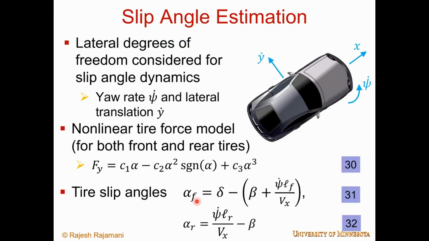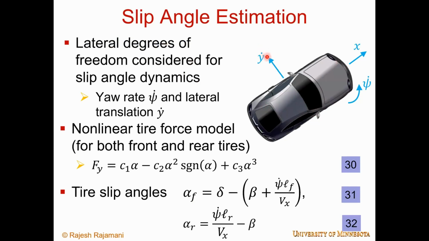So how do we estimate slip angle? We use a model of the car which involves the lateral degrees of freedom. The lateral degrees of freedom are the lateral translation of the car. X is called the longitudinal axis, the axis of primary motion of the car. Y is perpendicular to that, the lateral axis.